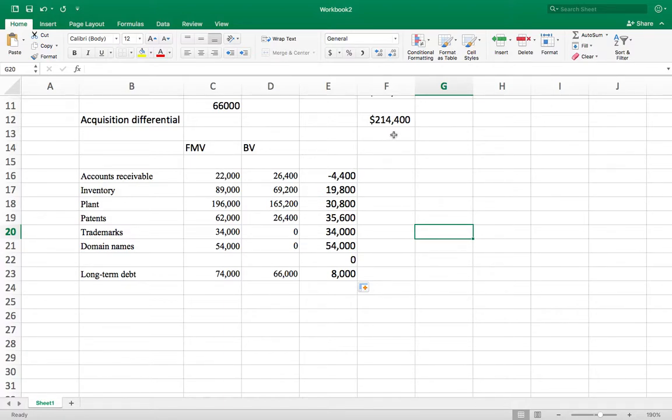So out of this 214,400, we paid 19,800 for inventory, which had a book value of 69 and a fair market value of 89. We're gonna subtract all of that. We're also gonna do the liabilities: 74,000 was the fair market value, and their book value is 66,000. So we had to pay more for liabilities. So this is plus, and we're gonna minus this.